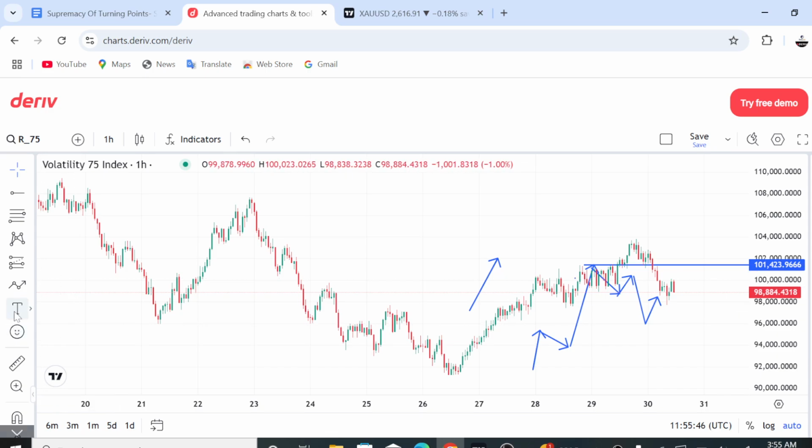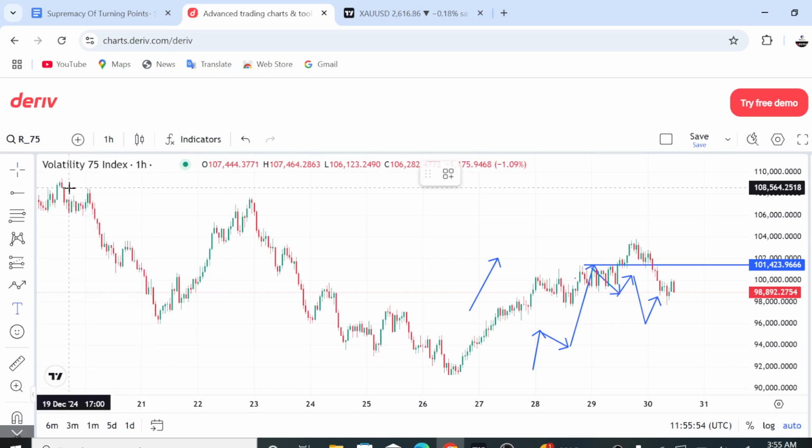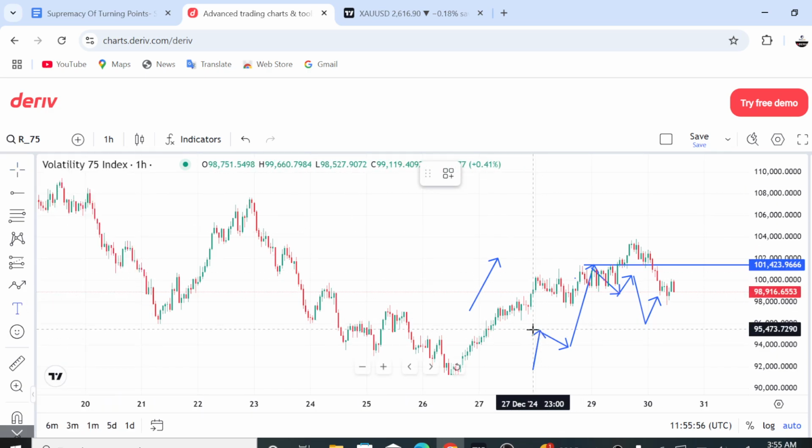Now let me label some stuff. I'm going to do some labels, so let's put some text. I'm going to put a text here and add a text there. Let's write hash.